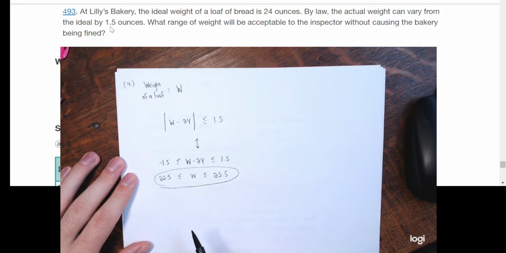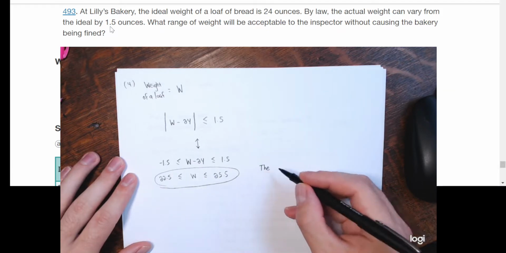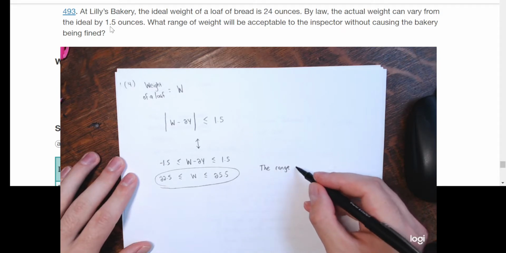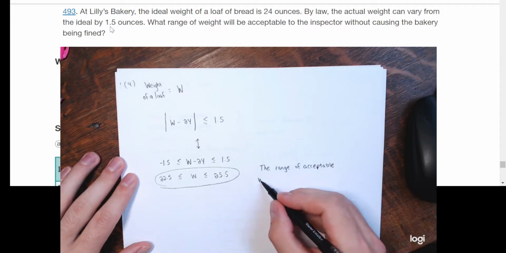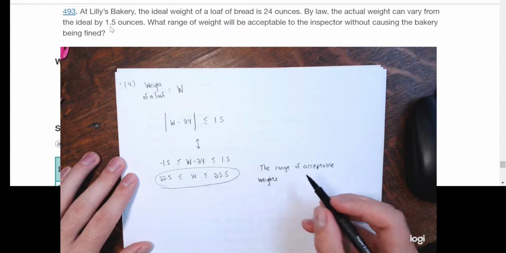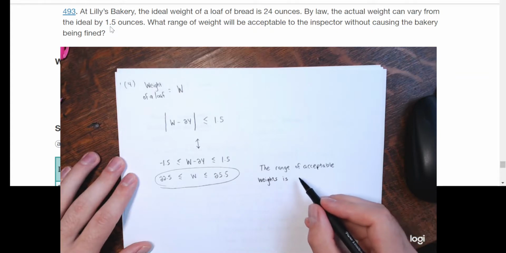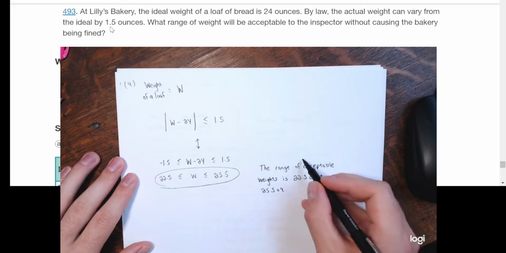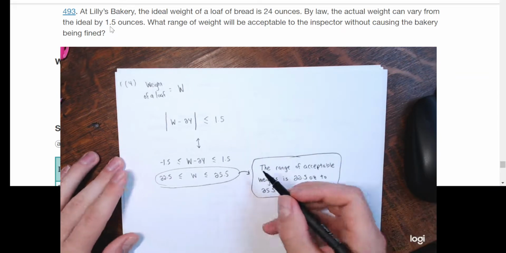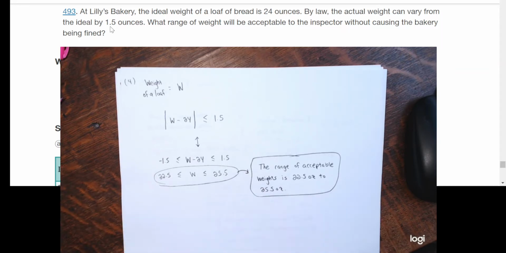And writing my complete sentence, the range of acceptable weights for a loaf of bread is 22.5 ounces to 25.5 ounces. This is what the inspector would be looking for. Anything less than 22.5, they'd get fined. Anything greater than 25.5, they'd get fined, because by law, the actual weight can only vary from the ideal by 1.5 ounces.